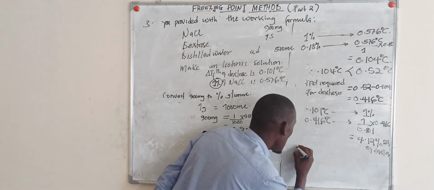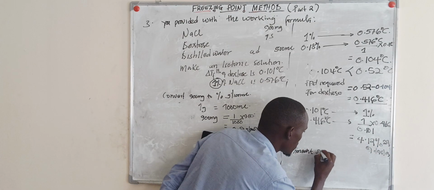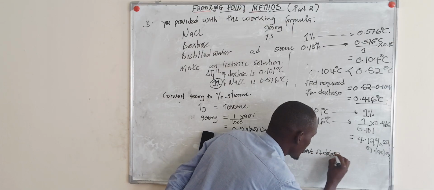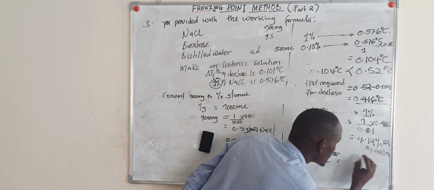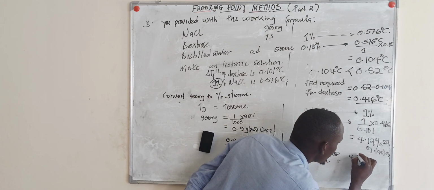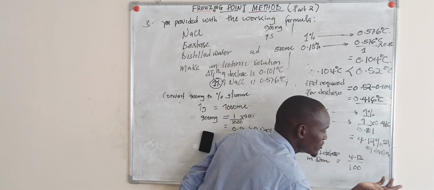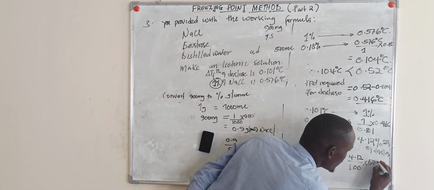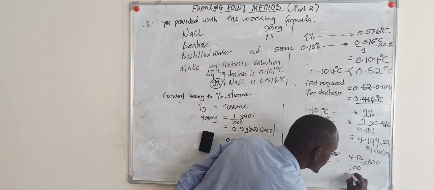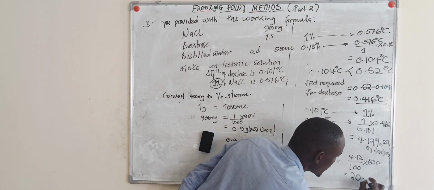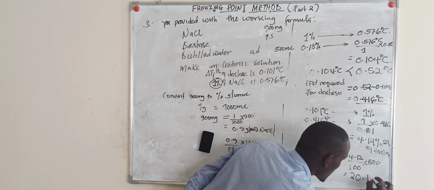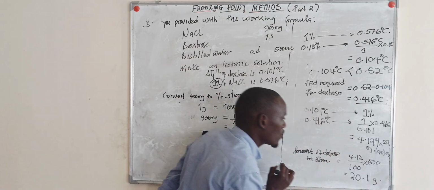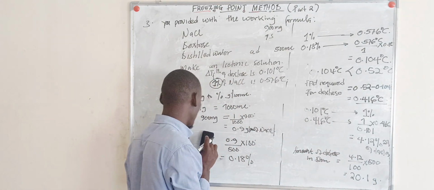So we shall say amount of dextrose in 500 mils will be the 4.12 divided by the 100, because when we say percentage, we understand what it means, times 500. When you compute this, we shall get 20.1 approximately as our mass of dextrose in that case.